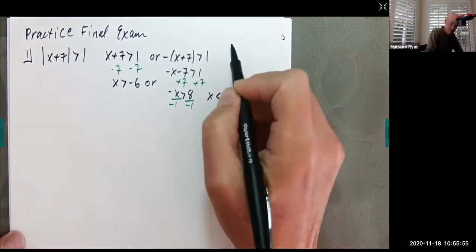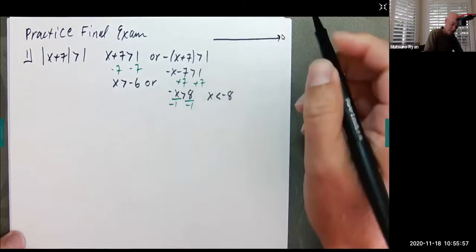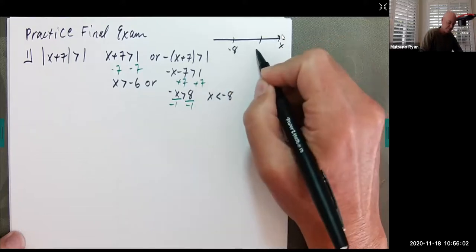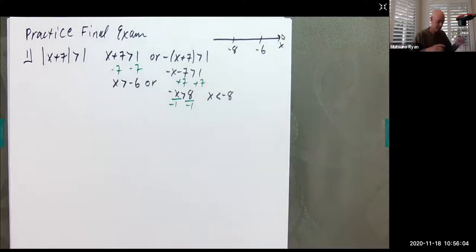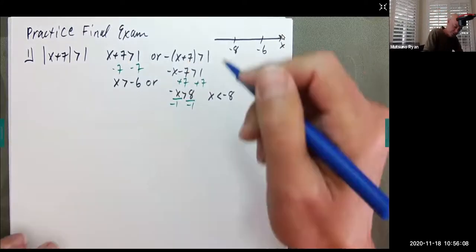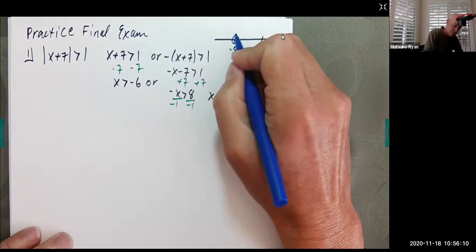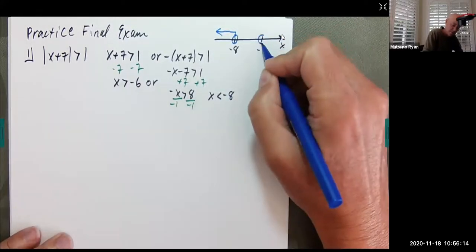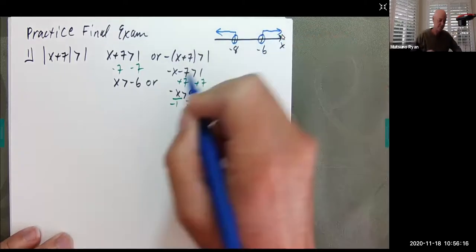And the graph version of this would look like this. And because there's no equal to symbol here, we're going to have open circles. Less than -8 is there. There we are. And bigger than -6 is here.